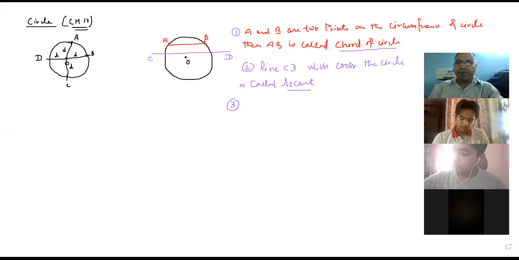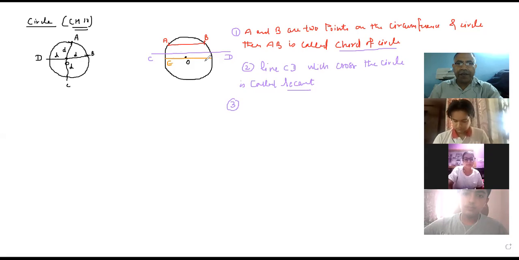any line which joins any 2 points on the circumference and passes through the center, let the line be EF, is called the diameter of the circle, and this is called the longest chord of the circle.